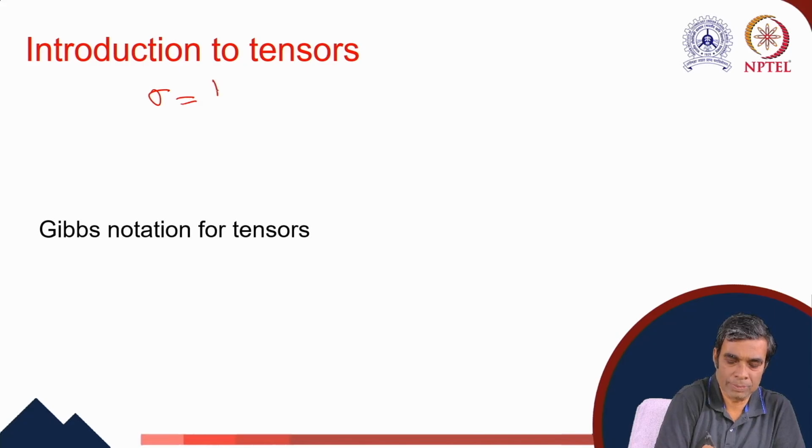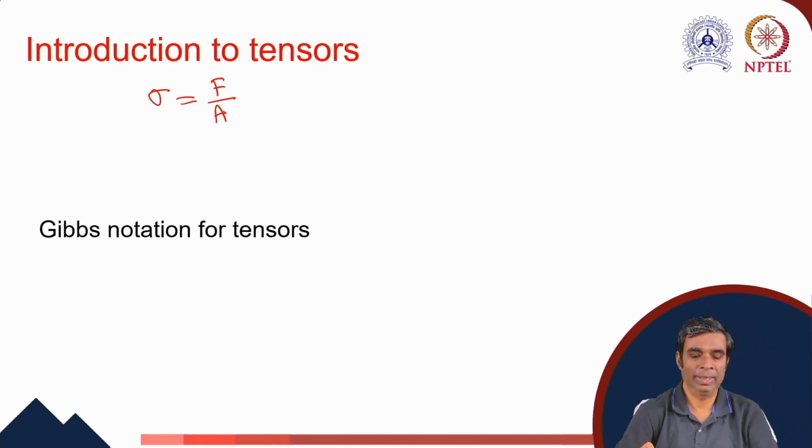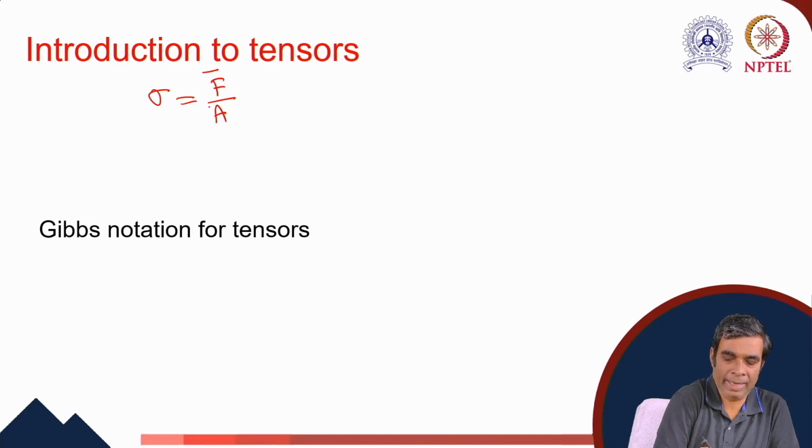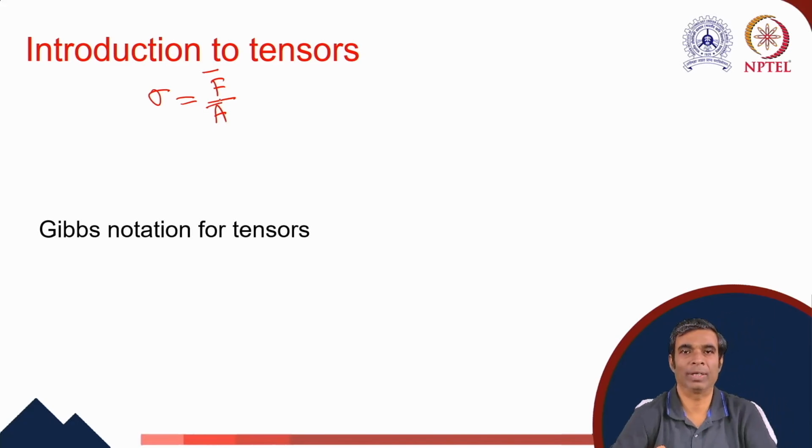Sigma equals force per unit area. The expression I have written is not for a point, it is in the global sense. Here we note that force is a vector quantity and area is also a vector quantity.